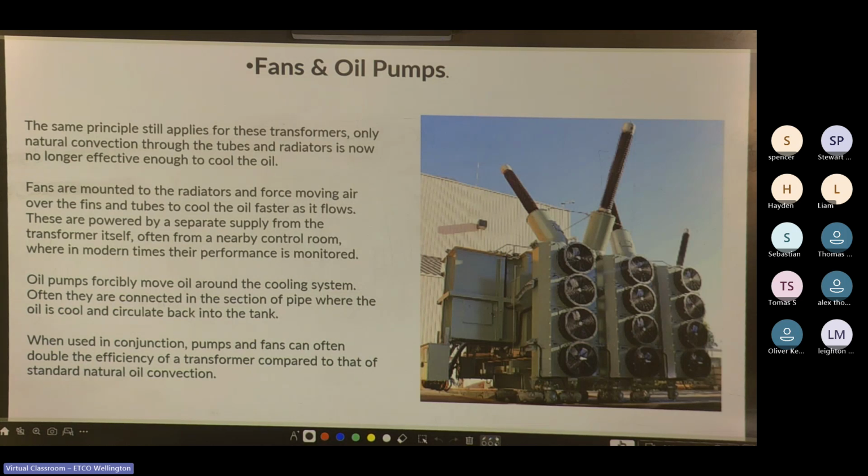These are powered by a separate supply from the transformer itself, often from a nearby control room, where in modern times their performance is monitored. Oil pumps forcibly move oil around the cooling system. Often they are connected in the section of pipe where the oil is cooled and circulated back into the tank. When used in conjunction, pumps and fans can often double the efficiency of a transformer compared to that of a standard natural oil convection.